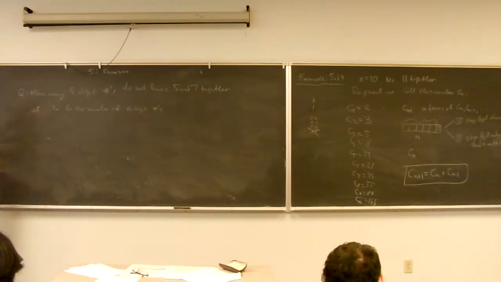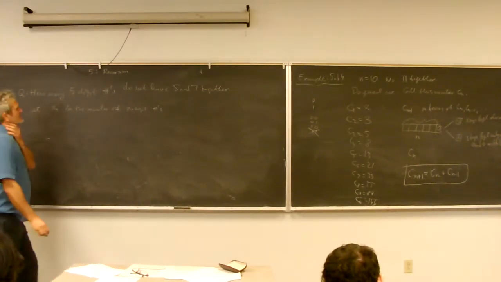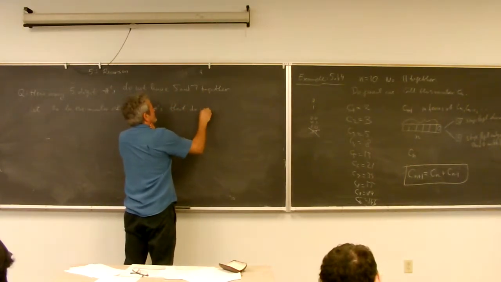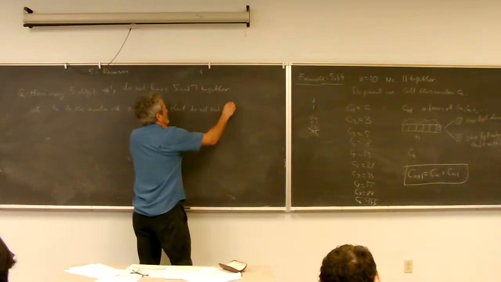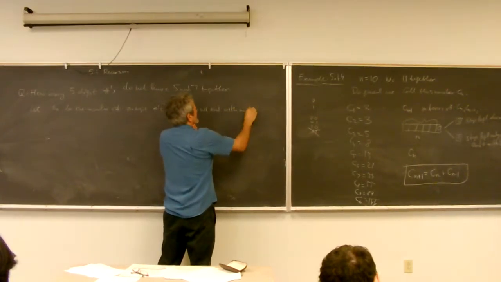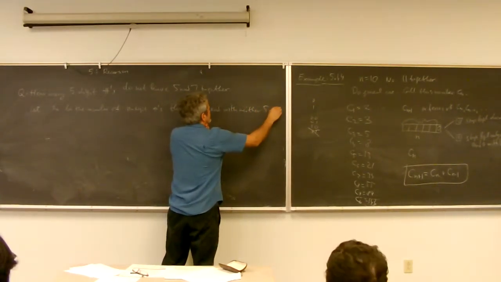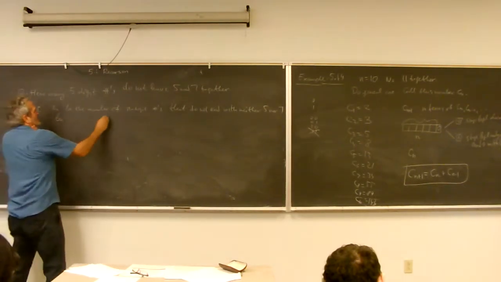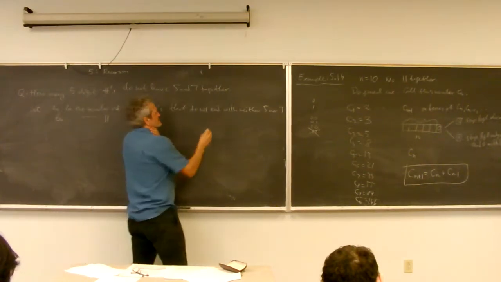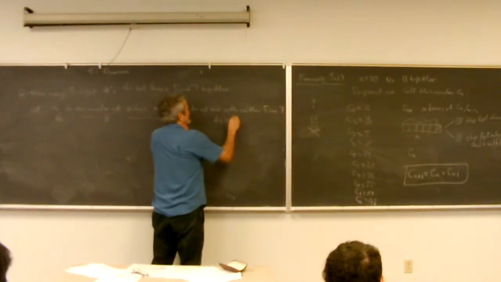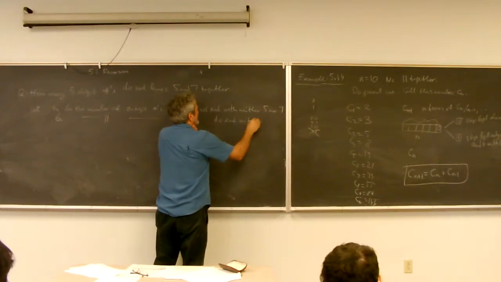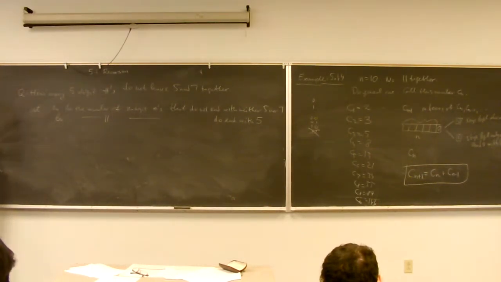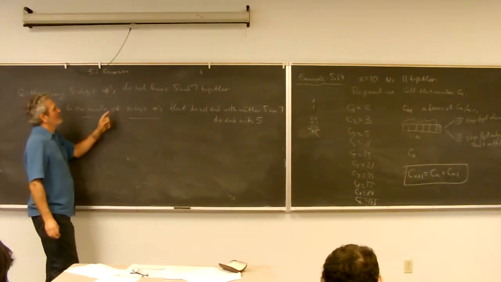Number of n-digit numbers that do not end with neither 5 nor 7. And let Bn be the number of digits that do end, I'm sorry, I have to add something.